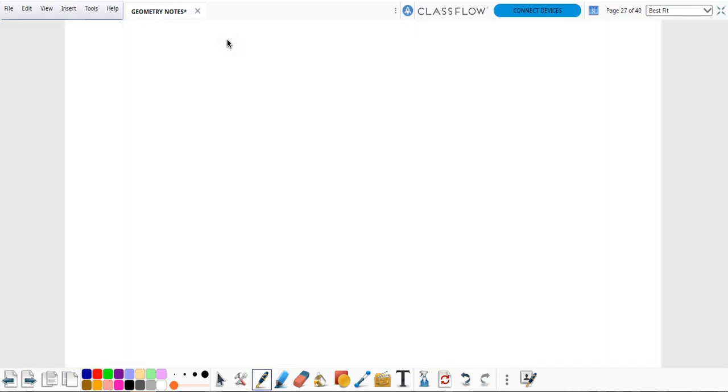Let me draw a triangle here. As an example of how we can prove they're congruent, let's say that this is 60, this is 60. This can be 3, 3, 2, 12.